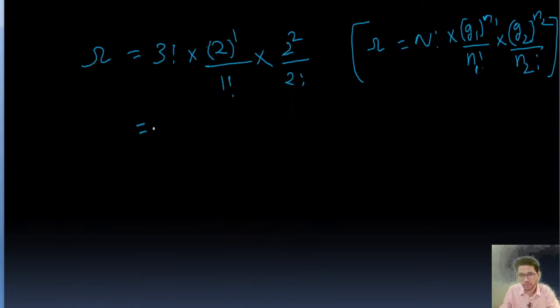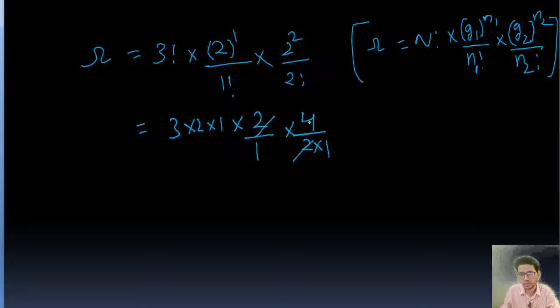So this is going to be 3 into 2 into 1, into 2 to the power 1 is 2, and 1 factorial is 1, and 2 to the power 2 is 4, and 2 factorial is 2 into 1. The 2 will get cancelled, and this is going to be 6 times 4, which is 24.